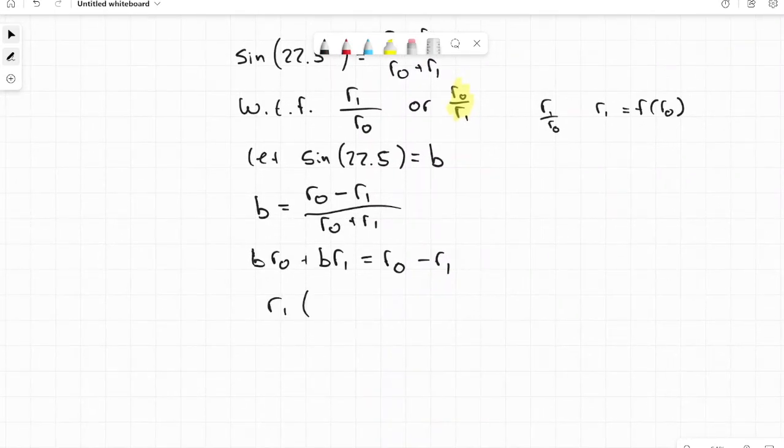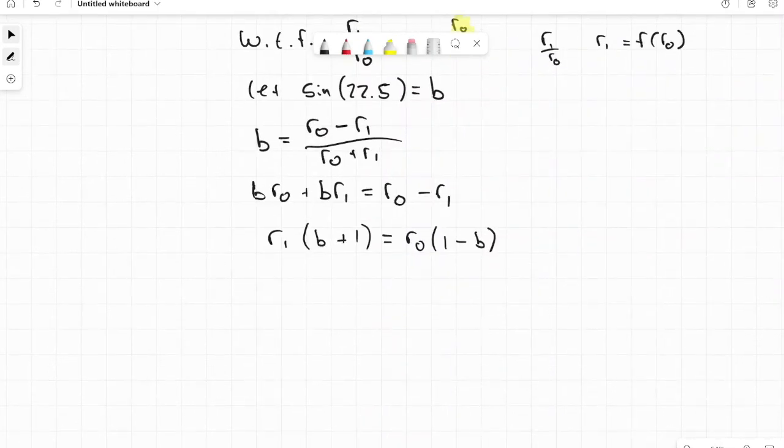So now we can just say R1 times (B plus 1) equals R0 times (1 minus B). Therefore R1 equals R0 times (1 minus B) over (1 plus B). That's kind of cute, right? We've swapped our R0s for our B's. We've still got the same sort of form. Isn't that weird?